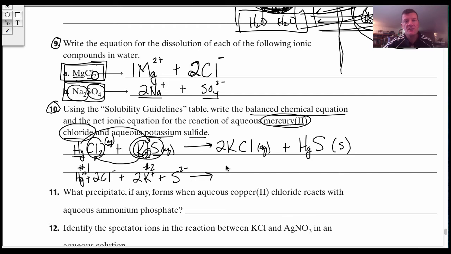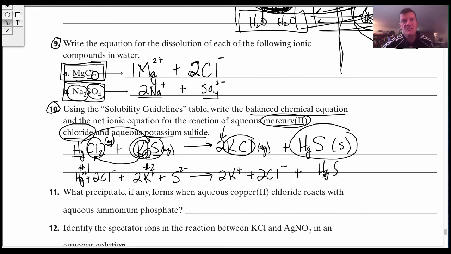And this breaks apart, but you're going to get double, you get 2 of those, so 2 potassium and 2 chloride. And this guy does not break apart. That's a solid. HgS, mercury 2 sulfide, is a solid.